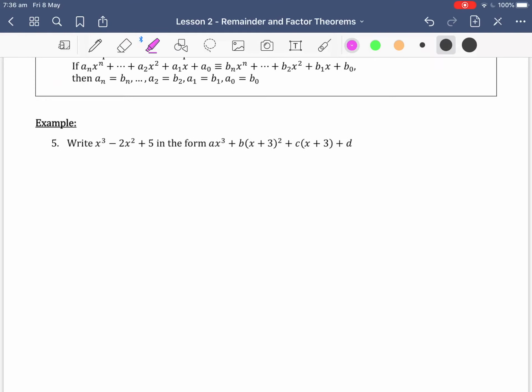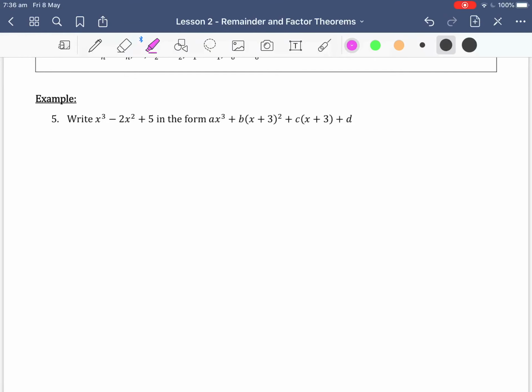Let's have a look at some examples. So what we have here is we want to write x cubed minus 2x squared plus 5x in the form of a(x cubed) plus b(x plus 3) all squared plus c(x plus 3) plus d. So what we need to do here is first look at our form and expand that.